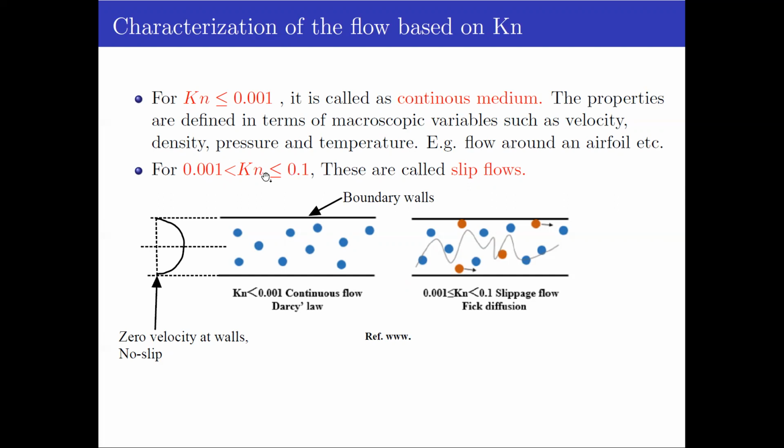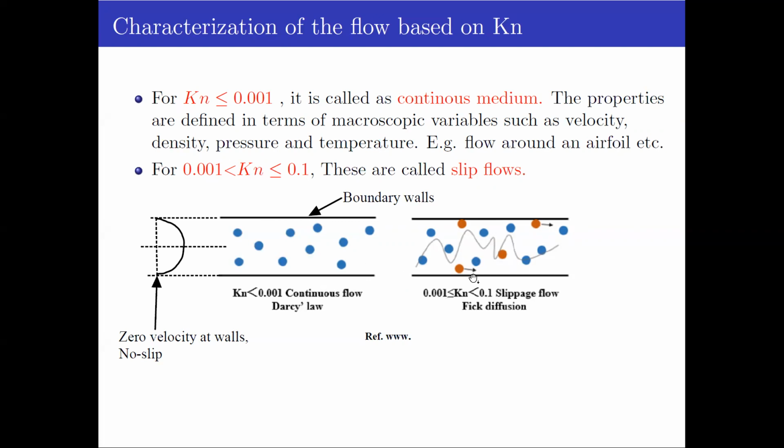Then a Nusselt number range between 10 to the power minus 3 and 0.1 is called slip flow. This cartoon shows the continuous flow, where at the boundary the no-slip boundary condition is satisfied, and throughout the flow interparticle collisions are much more frequent.